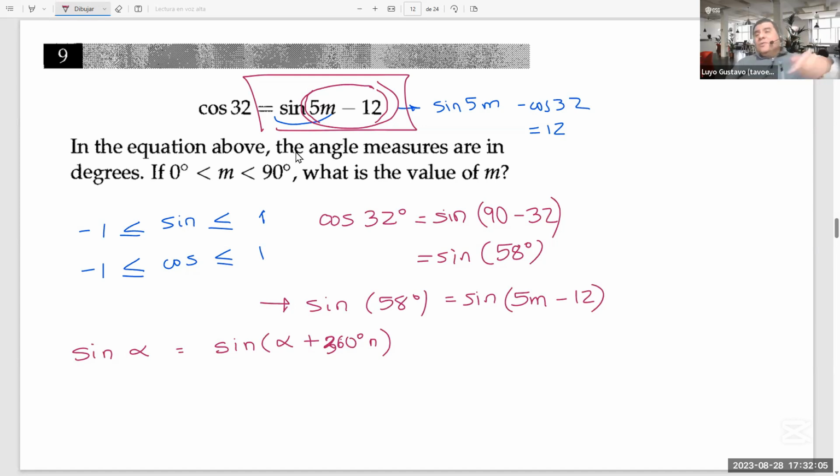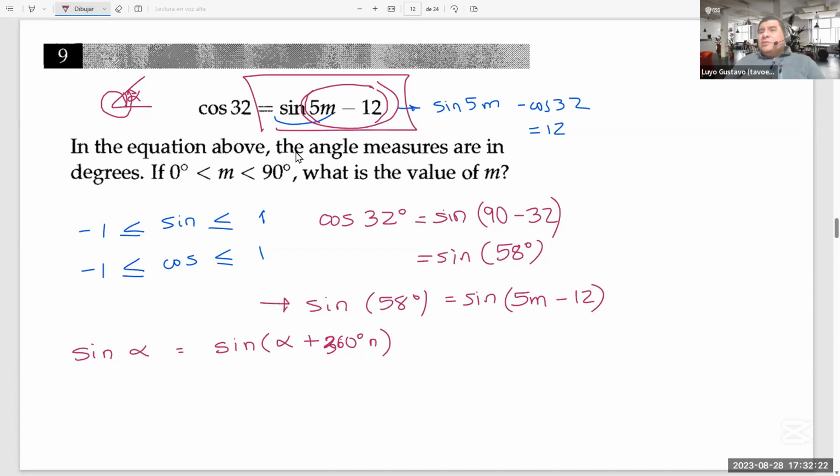If you have this angle here, alpha, this would be exactly the same as giving a whole round and then getting here. Exactly the same. It will have the same sine.